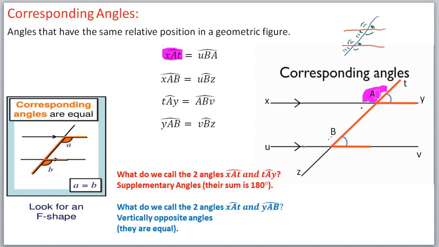This angle equals angle UBA. This one. So this angle is equal to this angle that's here. Done. Choose another color. XAB. What is angle XAB?